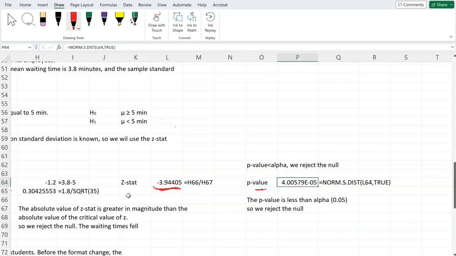For the p-value, given the formula here, we take NORM.S.DIST of the z-stat, comma, TRUE. We find that the p-value I calculated is less than alpha, which is 0.05. It is way less than alpha, almost close to 0. Therefore, we will reject the null.